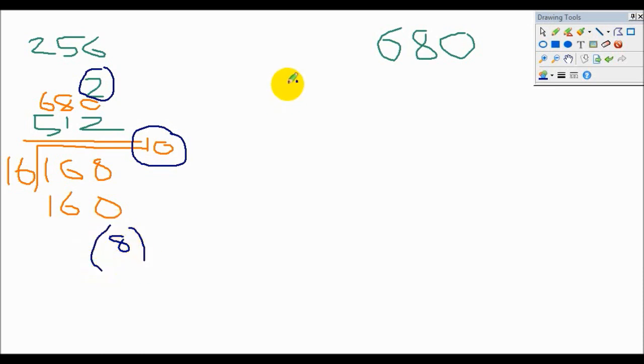So let's write those numbers out. We got 2 by multiplying 256 by 2. We got 10 by saying 16 times 10 is 160. So that's 10, and we've got a remainder of 8. Do you remember what 10 is annotated as in hexadecimal?